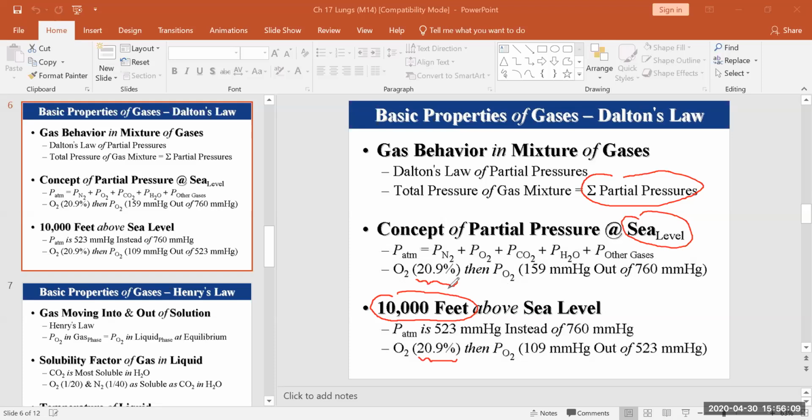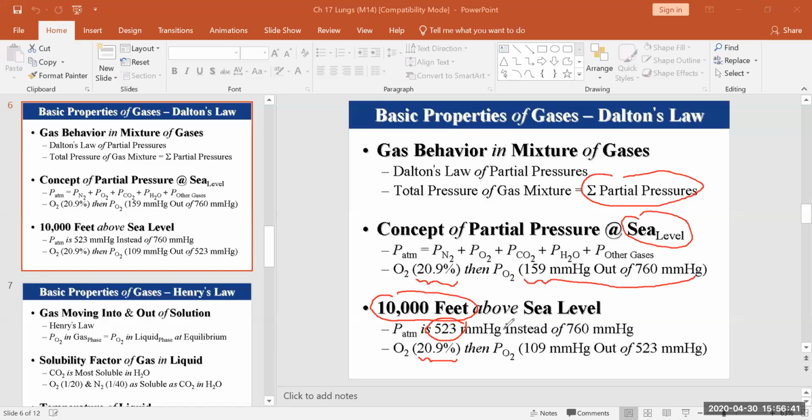So because of that, at sea level, you have 159 millimeters of mercury of oxygen. But high in the mountains, the air drops in terms of concentration. So it drops from 760 to 523, right? So there's less air at high altitude.